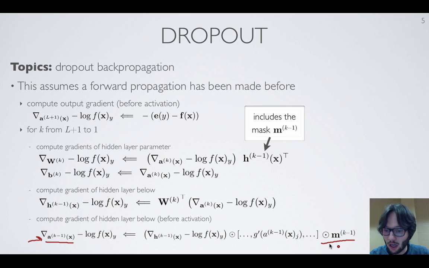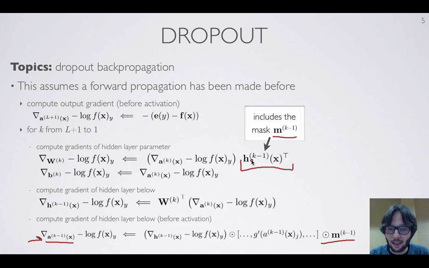So this will be the consequence of this, and we can derive this just by the regular chain rule in the context of a neural network. So that's the first thing that changes. And the other thing, which doesn't really change but we should take into account, is that this vector now incorporates the mask. So this is the masked activation pattern.